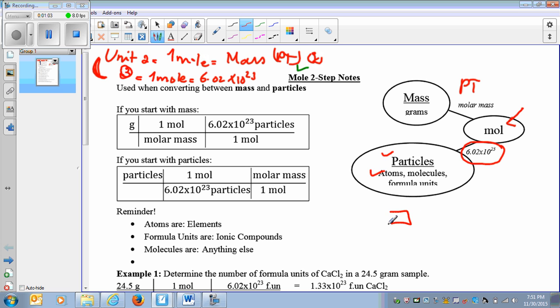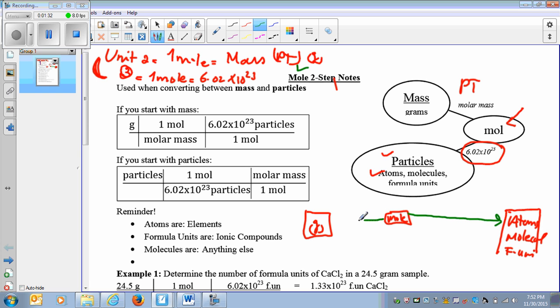You can also remember the mole trail. It's very easy. Some people actually like to work with the mole trail instead of doing the dimensional analysis. So if you have grams on one side, and on the other side you have atoms, molecules, and formula units, every time you go out of the mole box, no matter which direction you go, right or left, you're going to multiply.